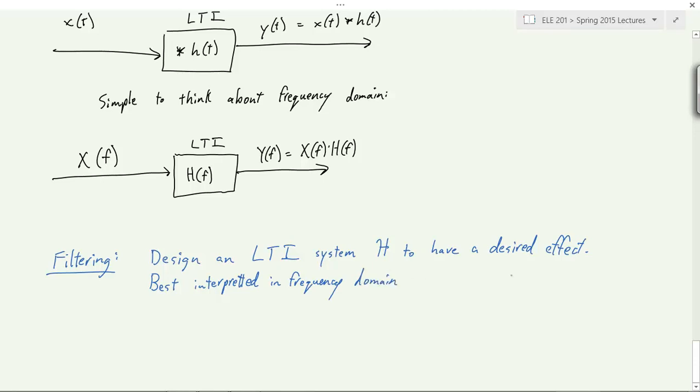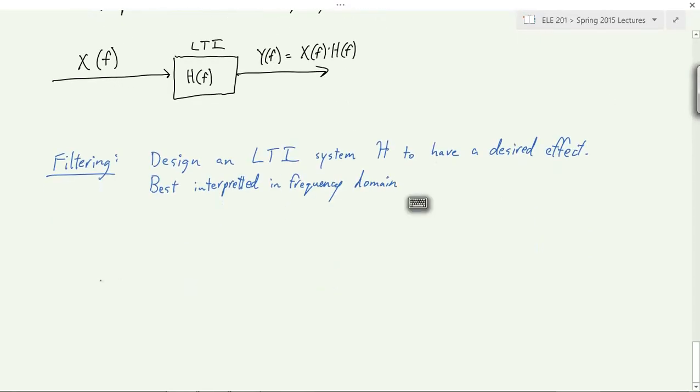All right, so an example would be this. You might have something in mind of what you want your system to do in terms of frequency. For example, you might want what's known as a low-pass filter.